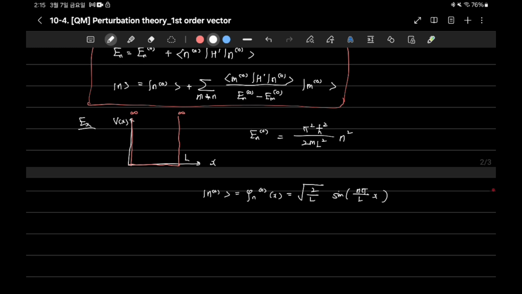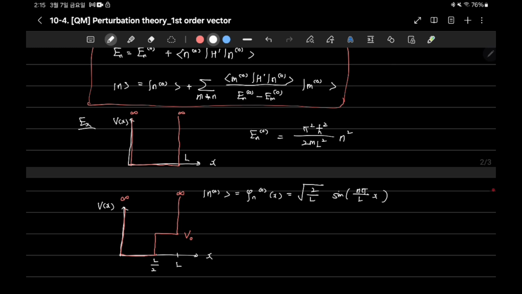We already calculated exactly. Then if the potential has a small perturbation like this, the perturbation is that it is infinite, and in half it is infinite, but it is a V0 at x from L half to L like this.